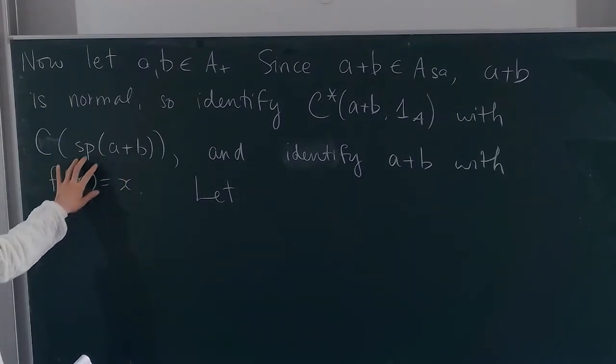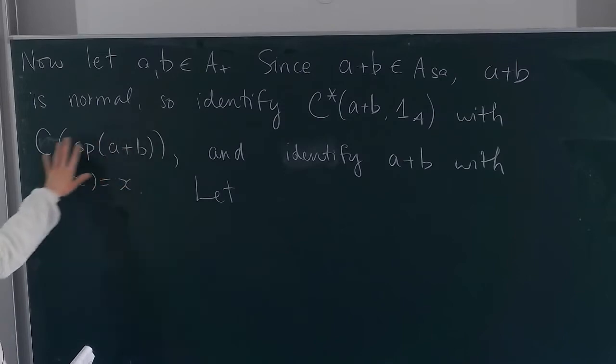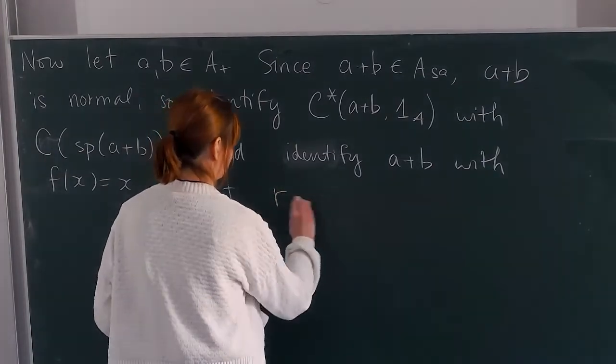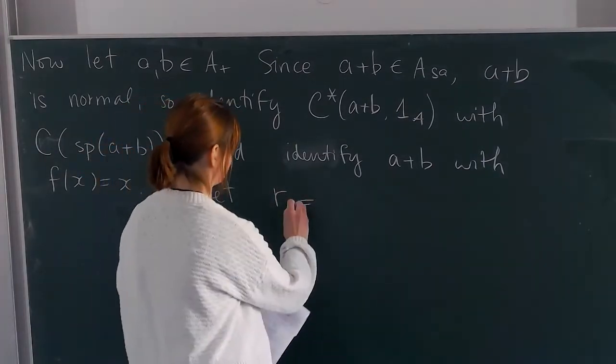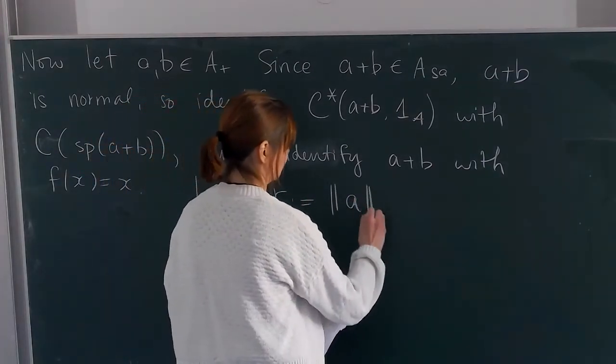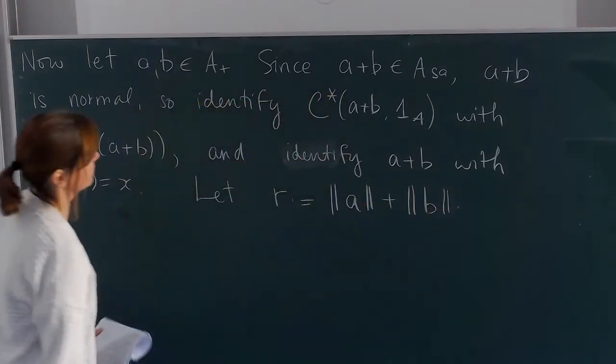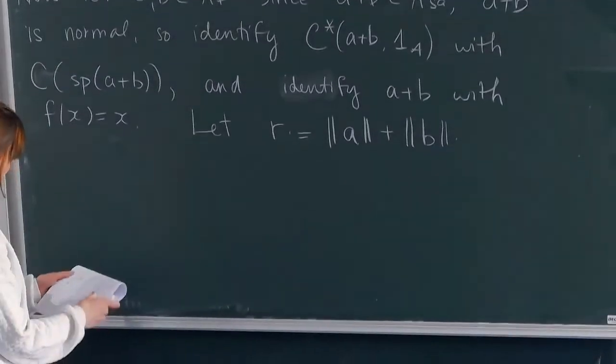Again, this identification is an isometry, so it's enough to show that f here is going to be positive. So we'll use what we just saw in the claim by taking some R. And what will R be? Well, it's going to be the norm of A plus the norm of B, which is a perfectly nice positive real number.